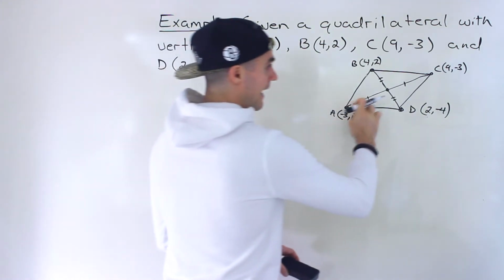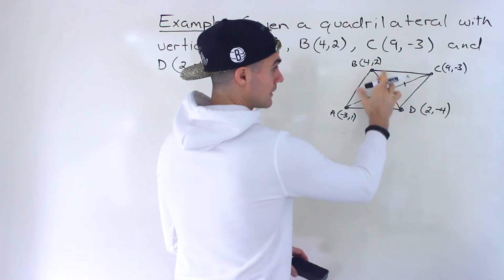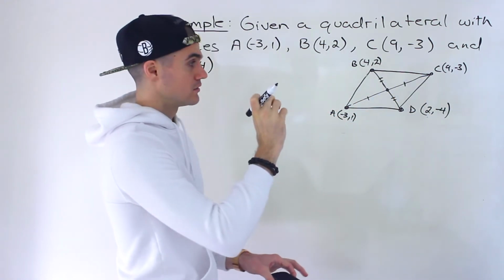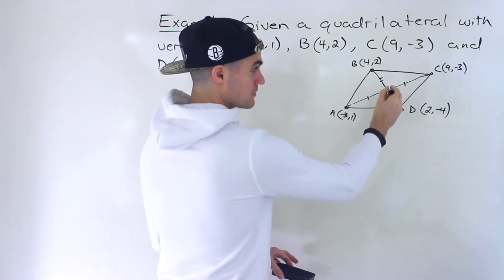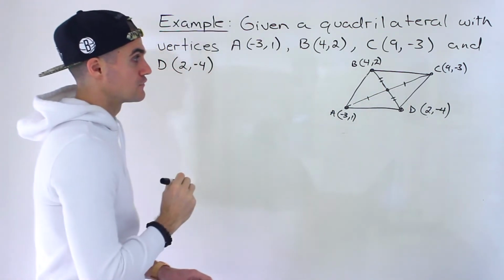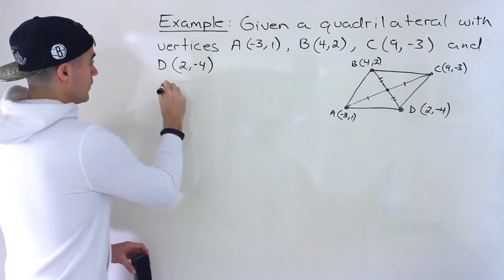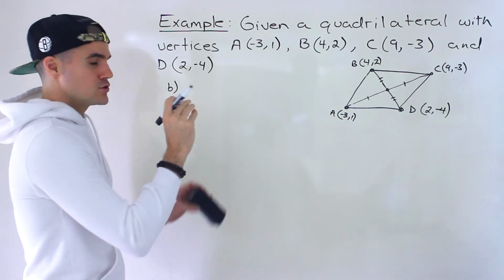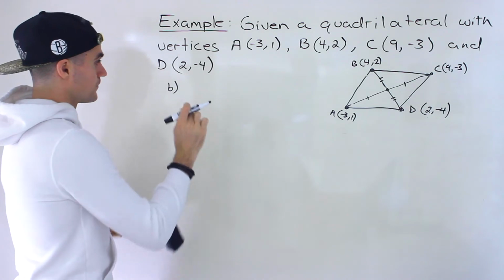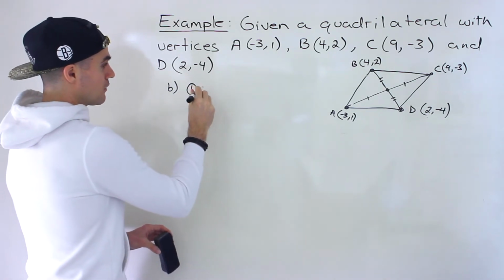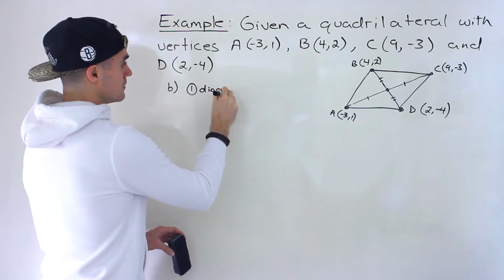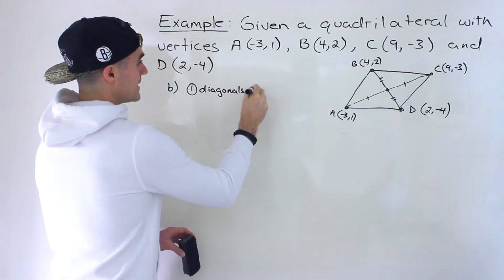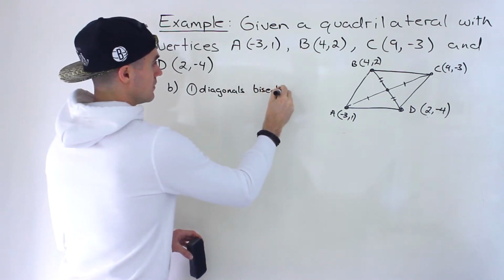Even though the diagonals are going to be different lengths, as we're going to show in part C, that point of intersection between them is still going to cut them in half. Now, in part B, we got to do two things. Okay, so we have to verify that the diagonals bisect each other.